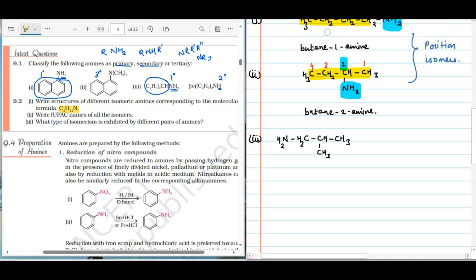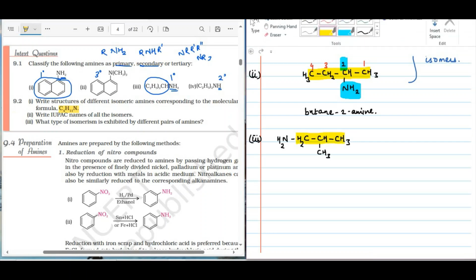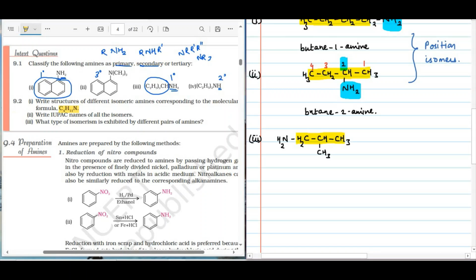Select the longest carbon chain. So this time the longest carbon chain consists of 3 carbons that contains your amine functional group. Number the chain so that the amine functional group gets the lowest possible number. This time we have to number it from the left direction. So 1, 2 and 3.